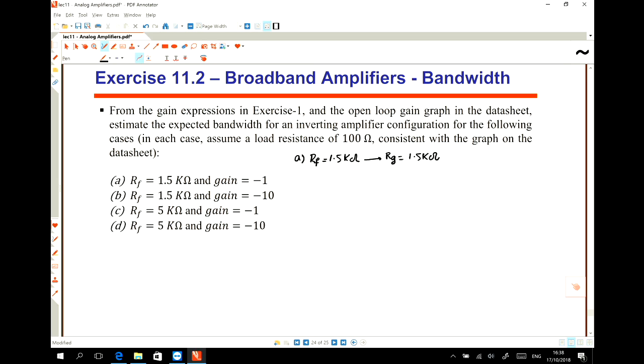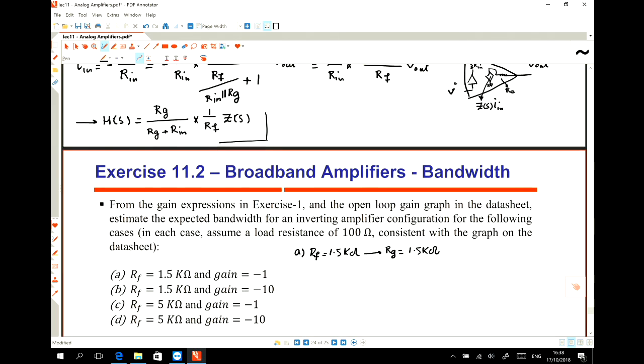And from this formula, R in is 50 ohm. Then I can say that the HS equals 1 over 1.5K plus 50 ohm, times ZS, which is ZS divided by 1.55K.